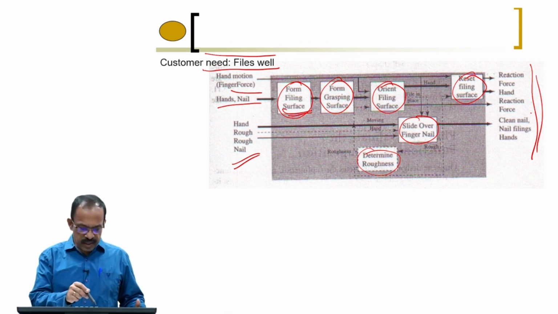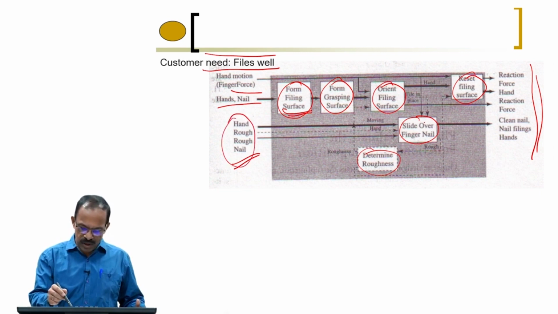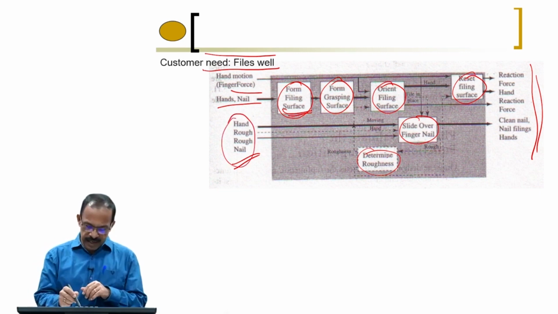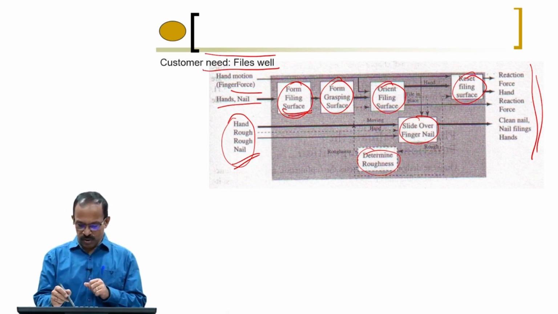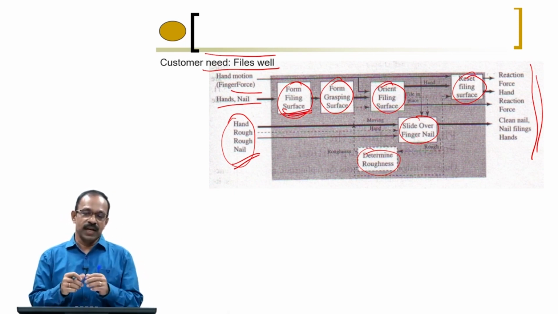So, you can see here the hand is used for sliding over the fingernail, and we take the information whether the roughness is more or less, and depending on that you decide to stop the motion also. And to do that you have to form the filing surface, because the filing surface may not be readily available for use.